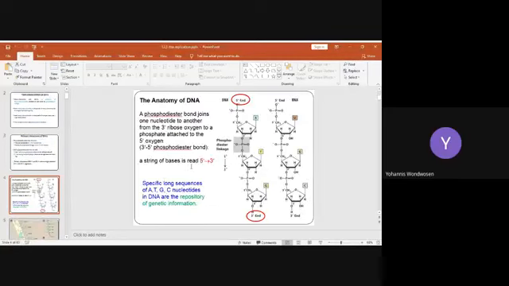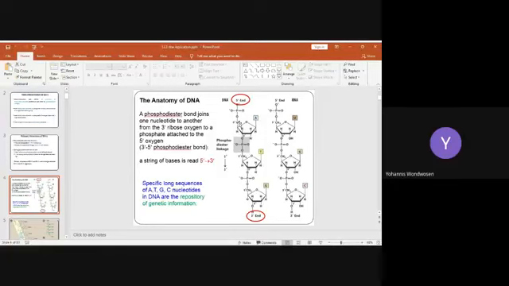When you see the anatomy of DNA, you can see here on the screen there is a ribose sugar, and there is a nucleotide base that it contains. When we count the carbon atoms of the sugar, this is the first carbon, the second carbon, the third carbon, the fourth carbon, and the fifth carbon.